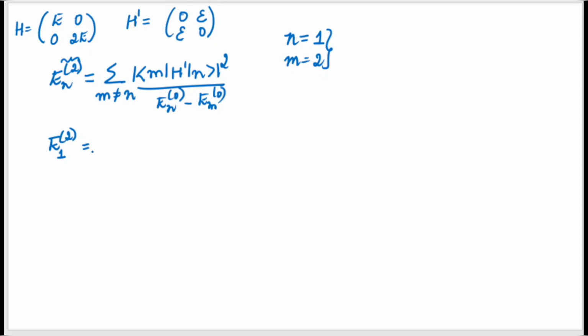So instead of m, I'm keeping 2, magnitude of bra of 2 into, instead of h prime, we can substitute 0 epsilon epsilon 0. Next, instead of n, I'm keeping 1, right? It is the mod whole square divided by E n, for the unperturbed state, that is for h, E 1 of 0 minus E 2 of 0.